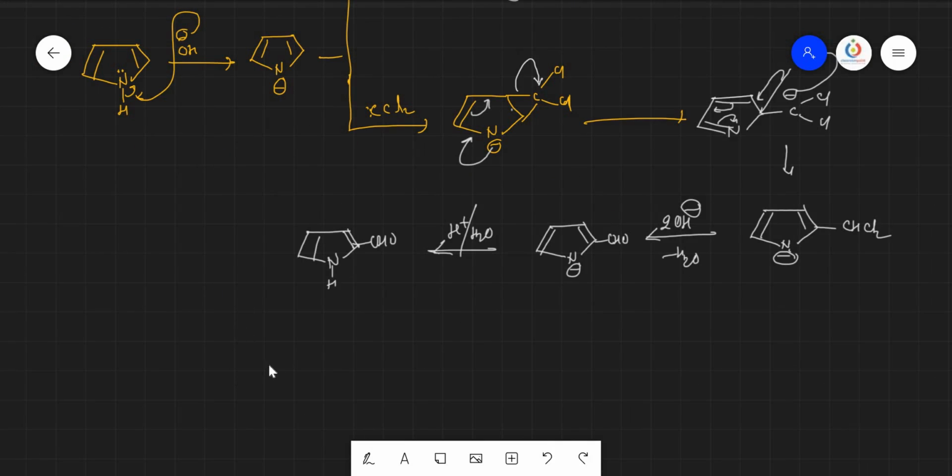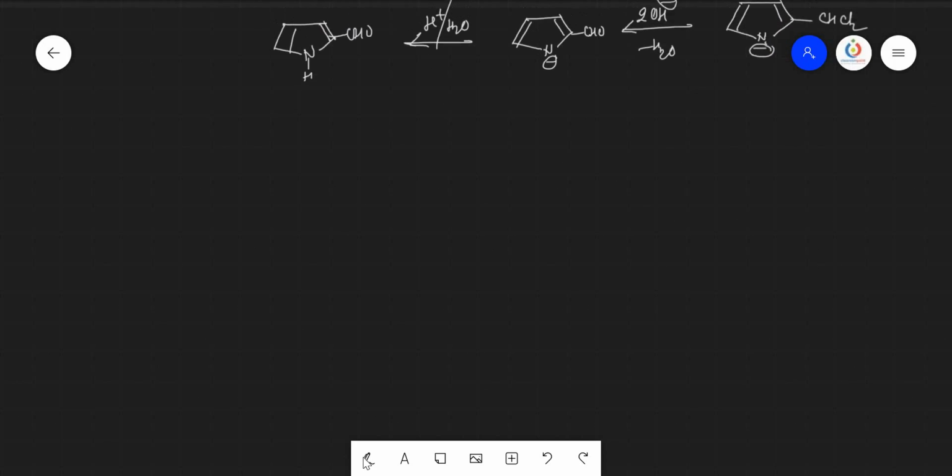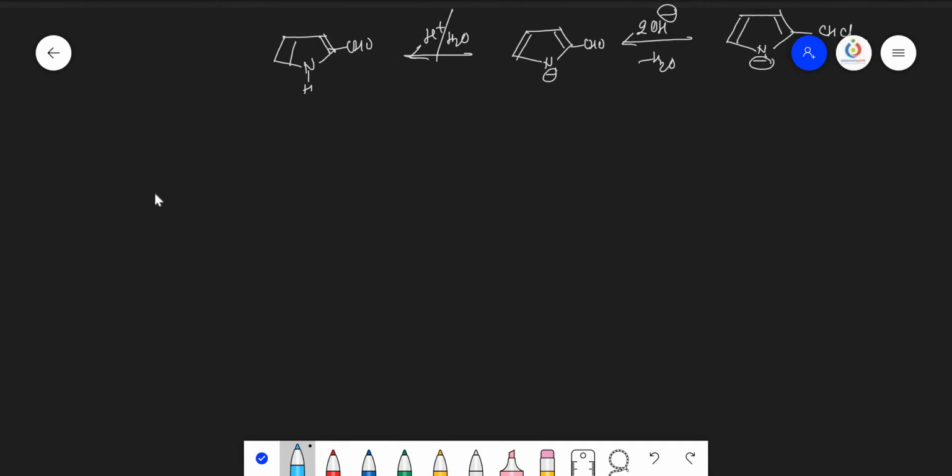Now let us see the Kolbe-Schmidt reaction. In the Kolbe-Schmidt reaction, our main target molecule is again phenol.